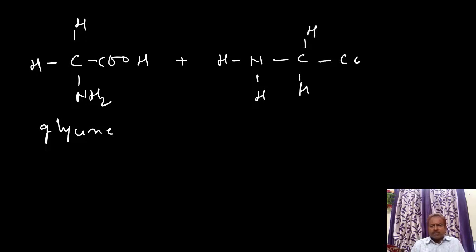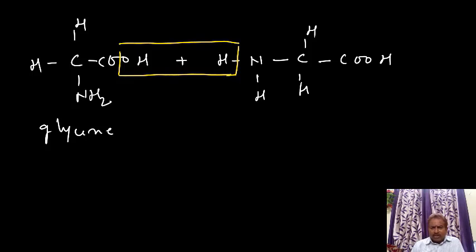This is COOH. Now here, the OH group of the carboxylic acid of one amino acid combines with the hydrogen of the amine group of another amino acid. They combine and are removed as water.